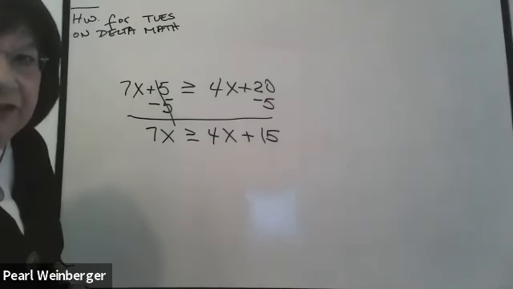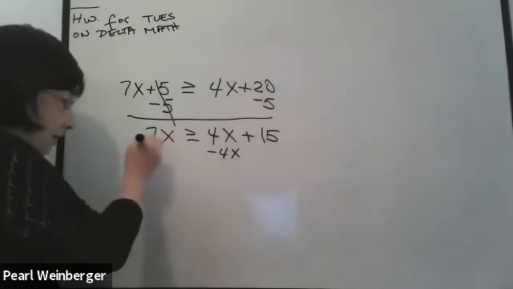Right, 15. Plus a positive 20 and a negative 5 gives you 15. That's correct. Okay, so then I got rid of the 4x, so I did negative 4x on both sides. That gave me 3x is greater than or equal to 15. I divided by 3. x is greater than or equal to 5.